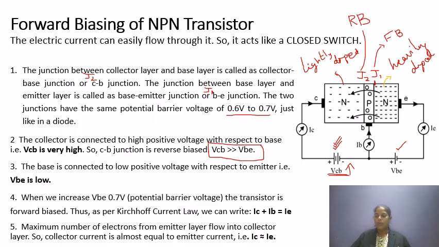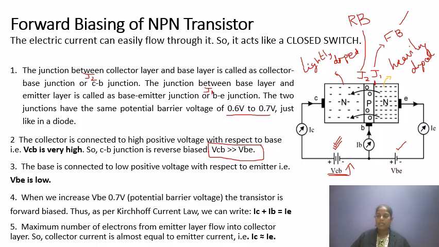Let us check how it works. Forward bias means the emitter is negative, connected to negative, and the base is positive, connected to positive. So it is forward biased. Coming to junction J2, it is reverse biased.